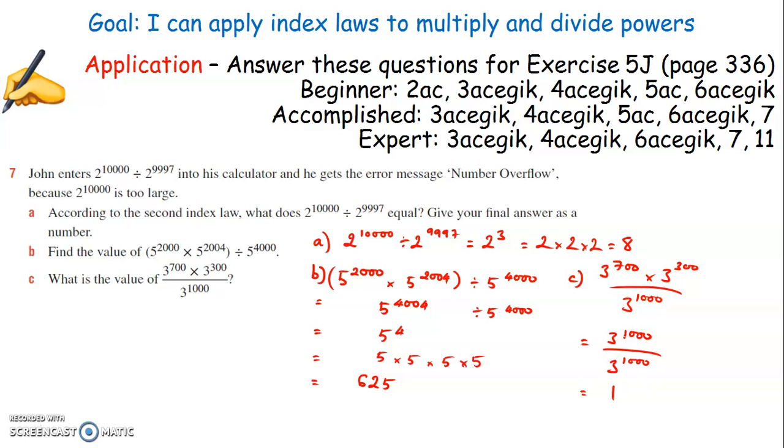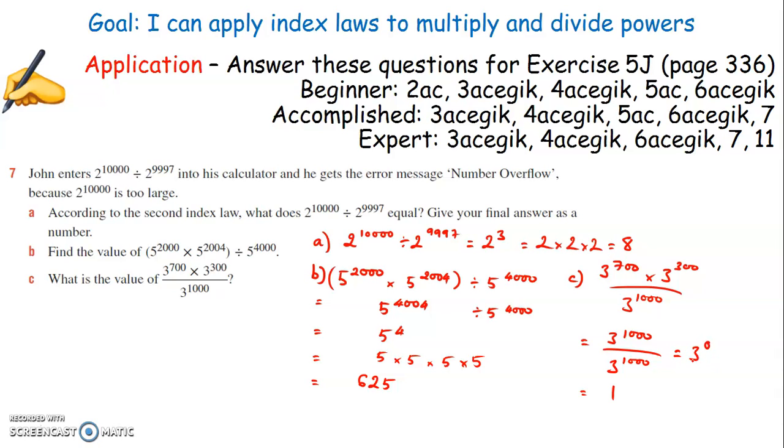Now, what's interesting about this is that we can use the second index law. So we keep the base and we subtract the power because this is a division. So 1000 minus 1000 is 0.